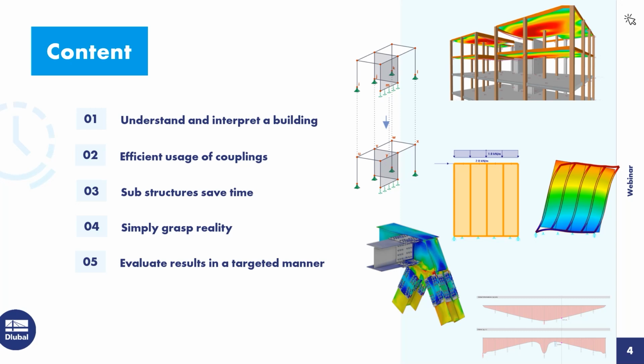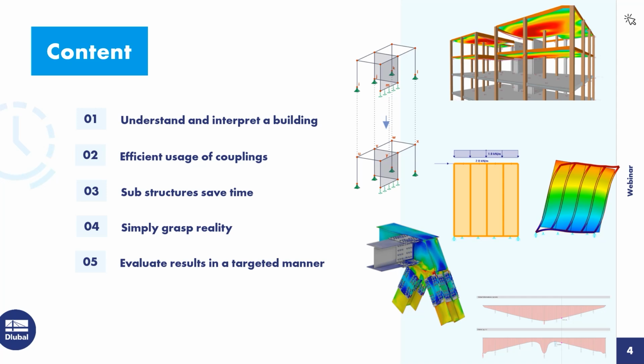Thank you. Then I take over with the topic Perfect Switch from RFEM 5 to RFEM 6 Part 2. Today I want to show you in my program the differences between RFEM 5 and RFEM 6, and show you points of what you can do in our new software generation but you can't do in our old software generation.